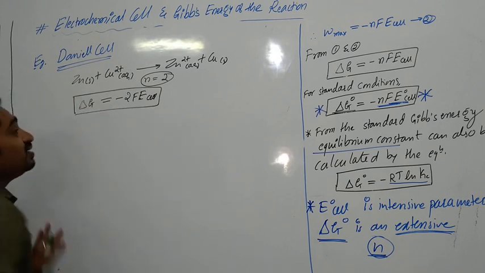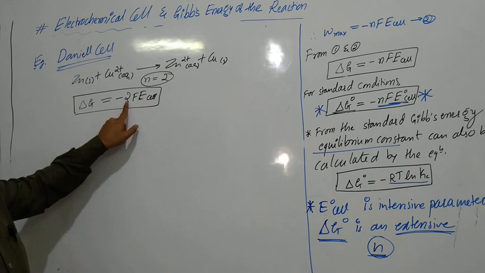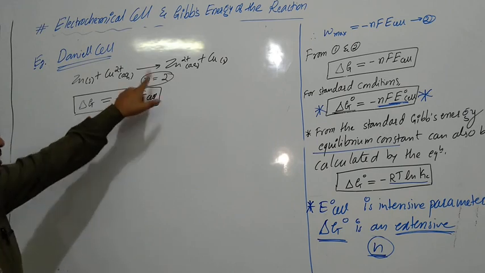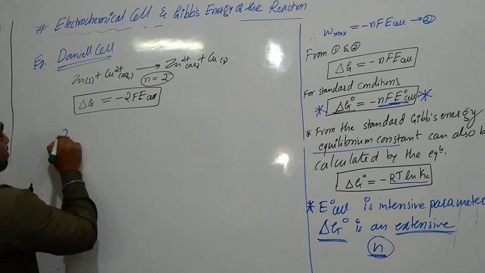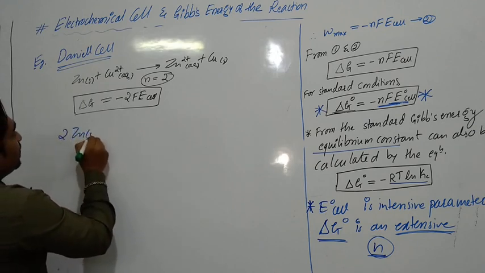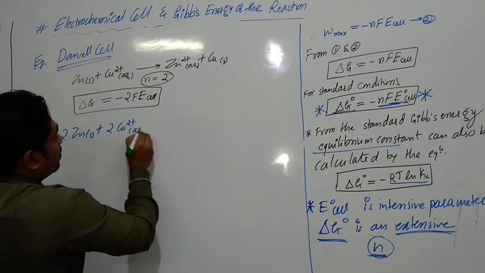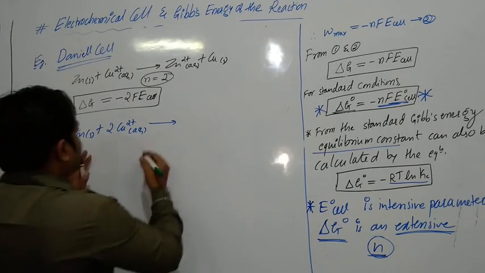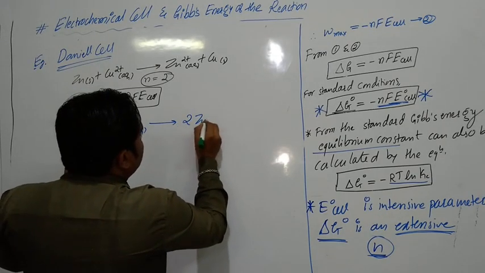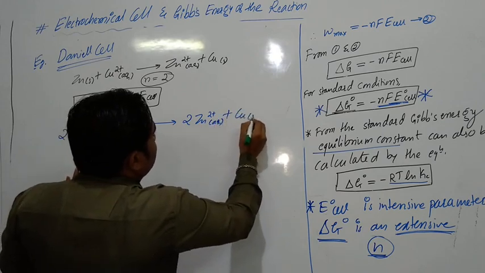For this reaction, delta G is equal to minus 2 into F E cell, where this 2 is nothing but n. In the very same reaction, I will write in this form. Here only the stoichiometric coefficients are changed, to 2 Zn plus 2 Cu2+ giving 2 Zn2+ plus 2 Cu.